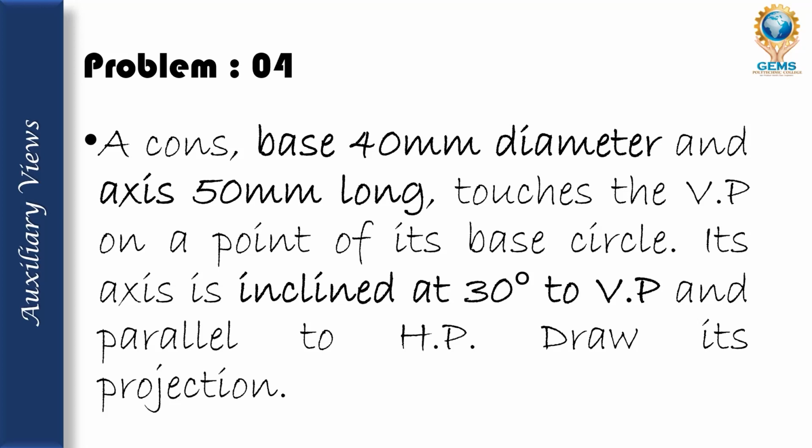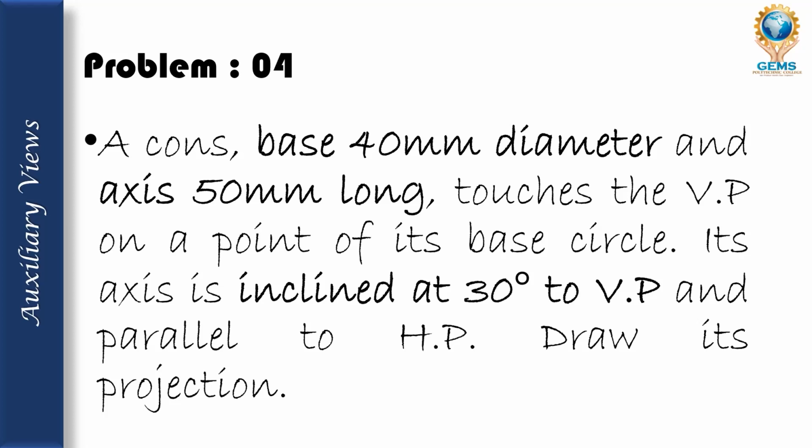We are going to draw a cone, and the cone's base will always be a circle. The circle diameter is 40 mm and the axis length is 50 mm, and it touches the VP at a point of its base circle.